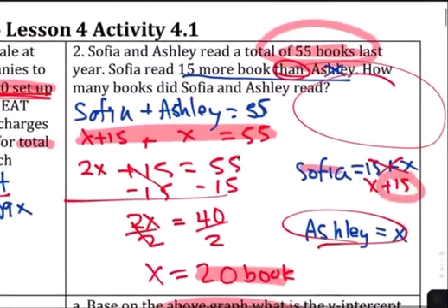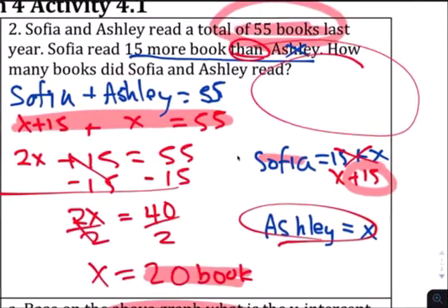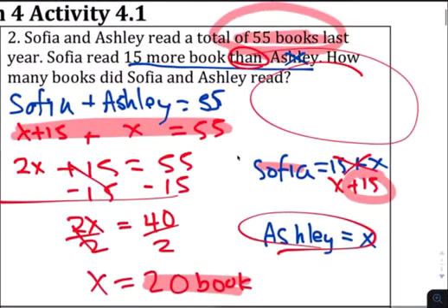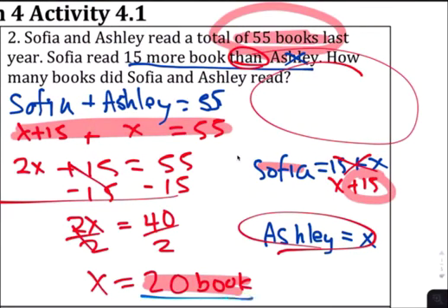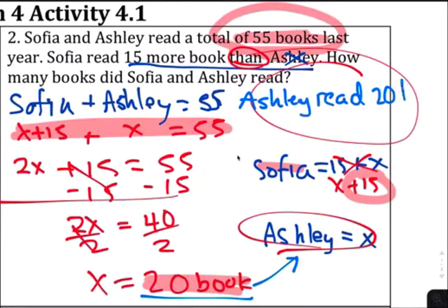So B, most classes I did this, so we set it up and we know. So here we solved it and we got 20 books for Ashley. So Ash, you need to write Ashley read 20 books.